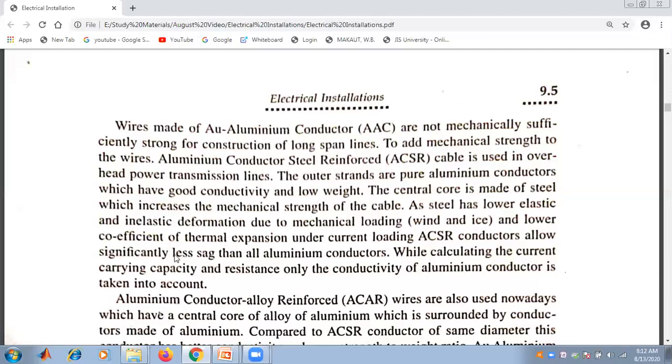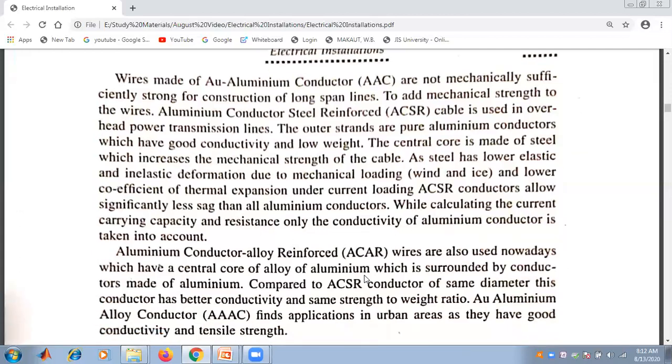ACSR conductors allow significantly less sag than all aluminum conductors. While calculating the current carrying capacity and resistance, only the conductivity of the aluminum conductor is taken into account.